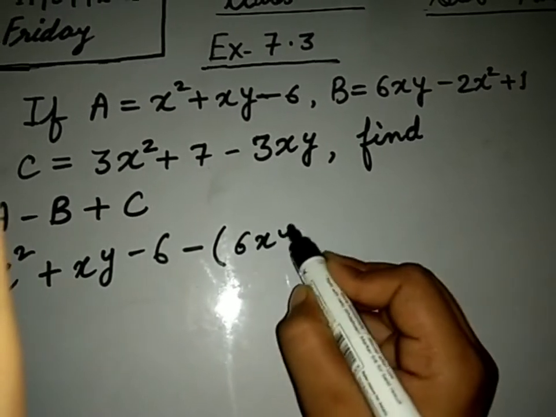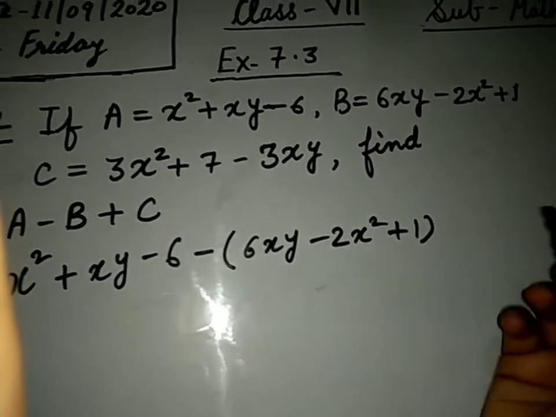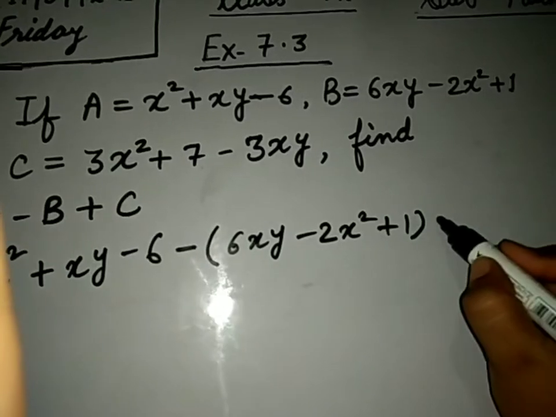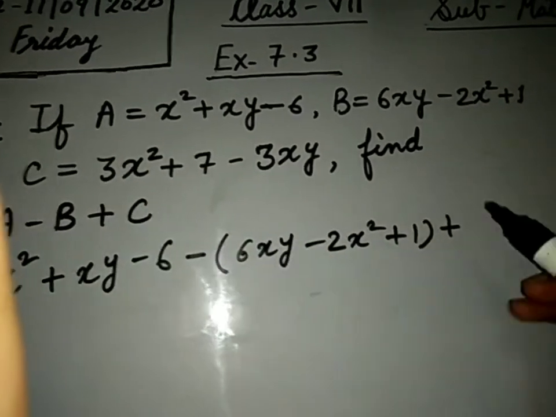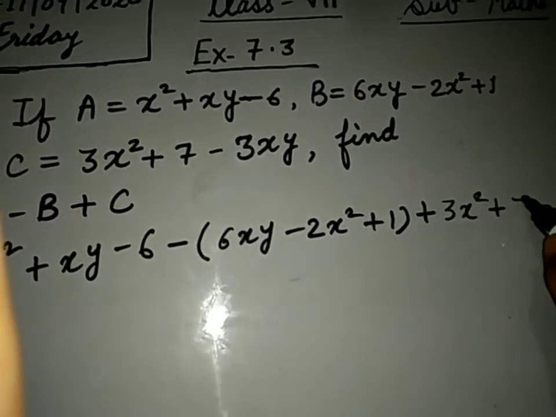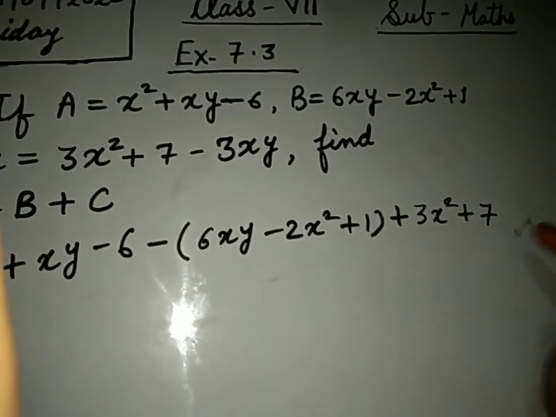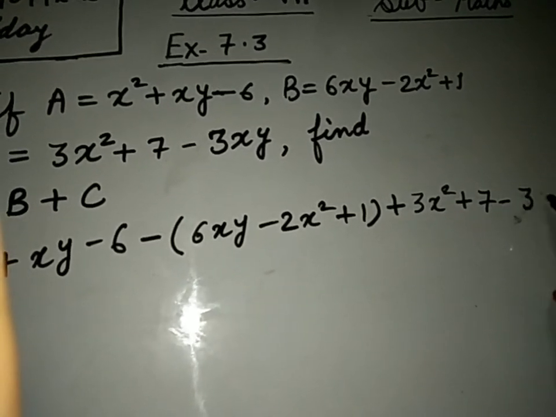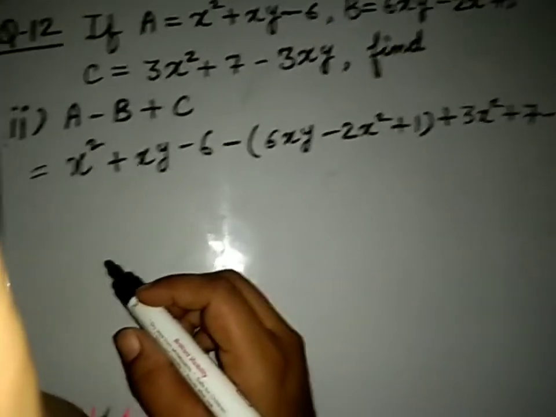So 6xy minus 2x square plus 1 as it is. Okay, then plus C, so we put here plus sign, and value of C is this. So write here 3x square plus 7 minus 3xy. So let's solve this question.